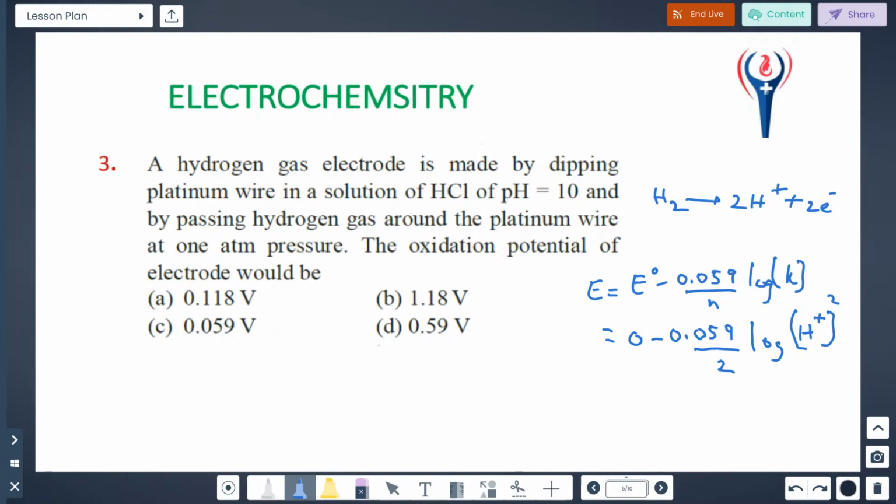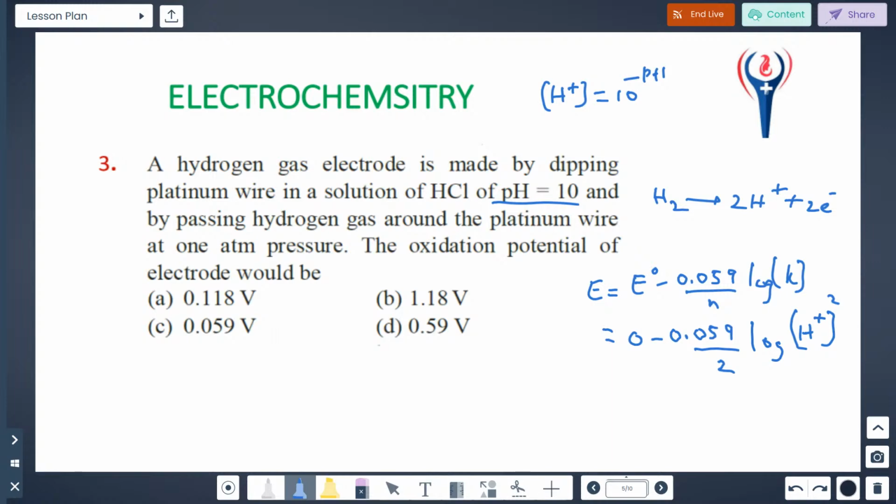Now, in the question pH is given as 10. So you know the formula: concentration of H plus is equal to 10 power minus pH.